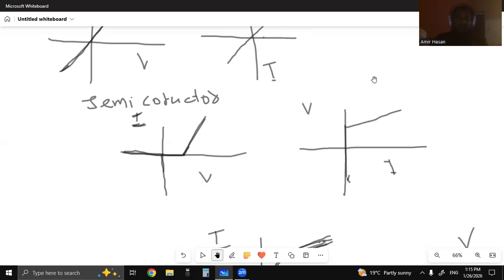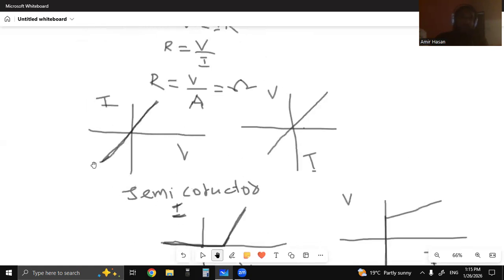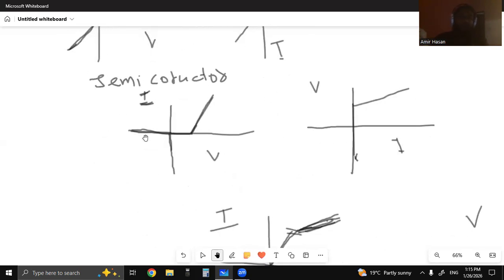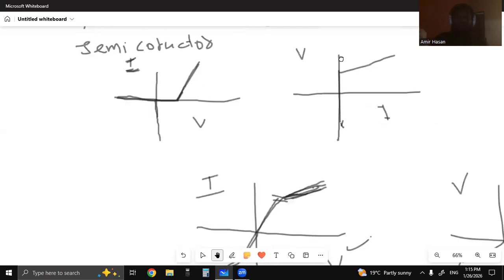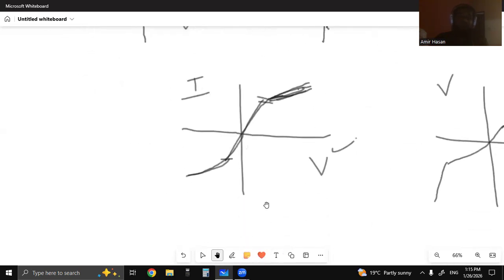Now, these are the three graphs which are very important. These come in past papers. Number one shows completely obeying Ohm's law. Number two is the semiconductor, in which current increases with basically no effect on the voltage, and then voltage suddenly increases. This is the semiconductor graph. And what happens in the filament lamp?